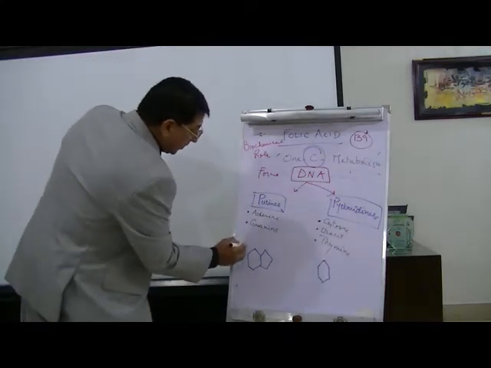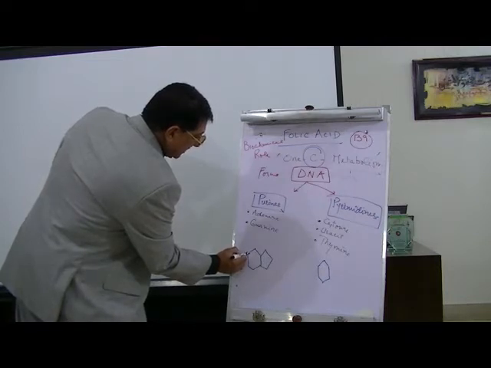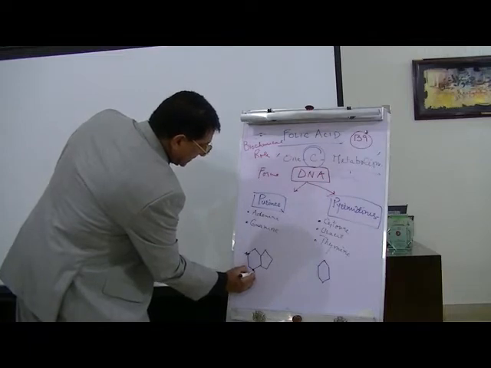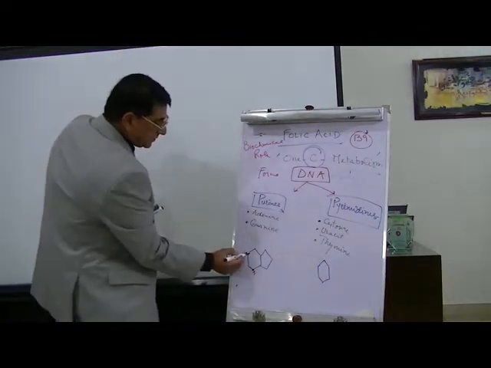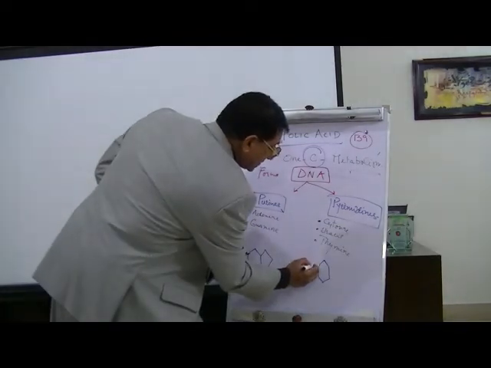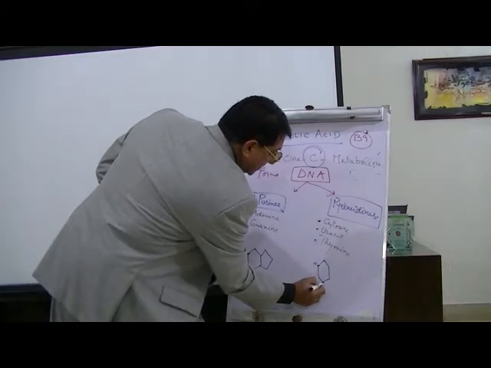In purines you have got nitrogenous bases over here. This is the nitrogenous base. And then you've got a nitrogenous base over here. In pyrimidines, similarly you've got a nitrogenous base over here and a nitrogenous base over here.